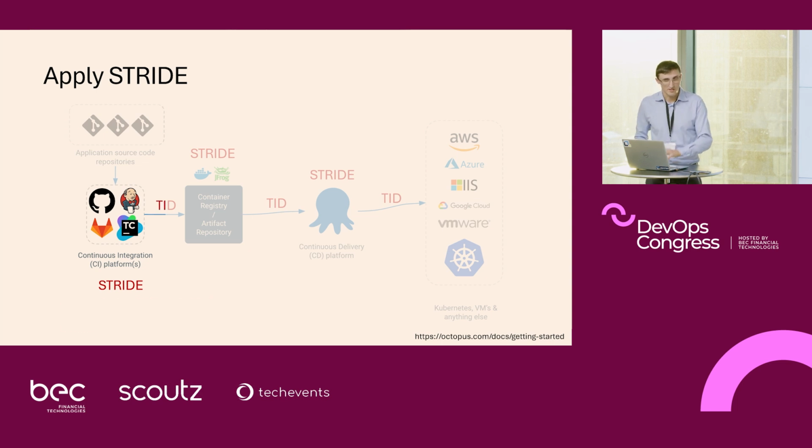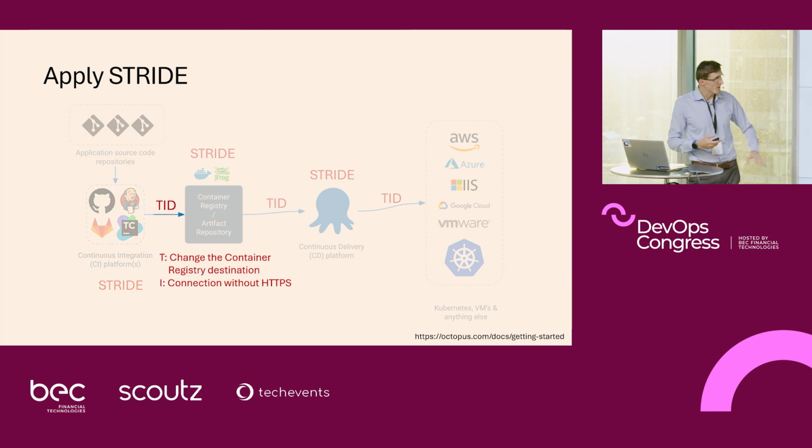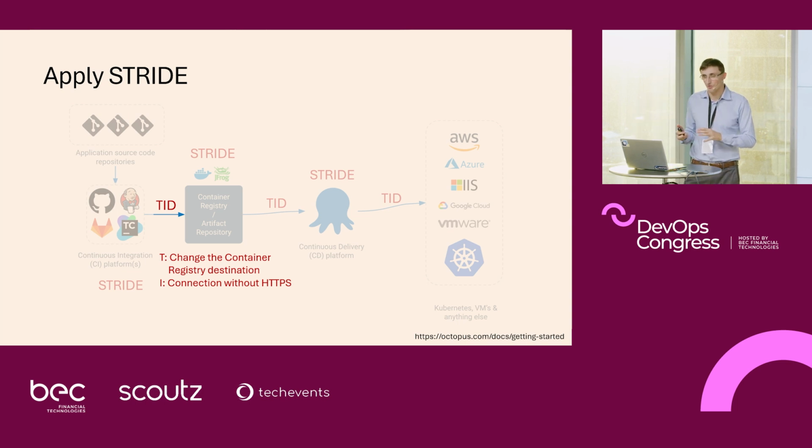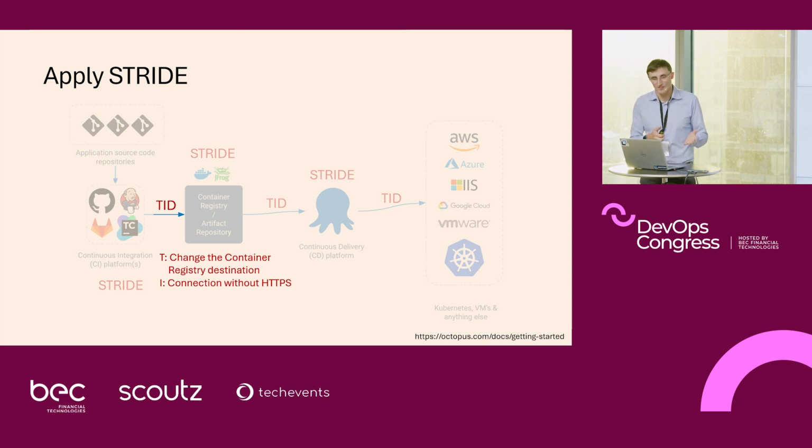Other elements in these diagrams, for example the connections and transfers between different systems, also need to be threat modeled, because security problems could happen during the transfer, though not always all types of problems.